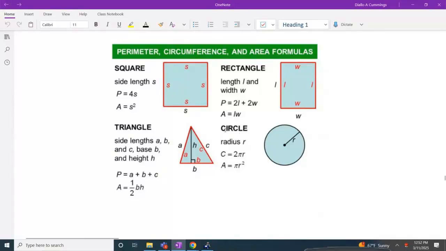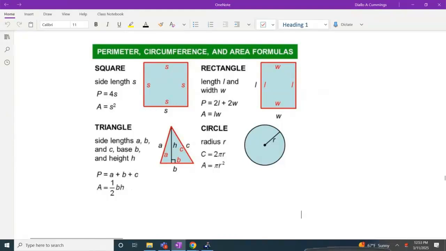For a circle, we don't call it the perimeter, we call it the circumference. The circumference measures the distance around the circle, and it's given by the formula 2 times pi times r.